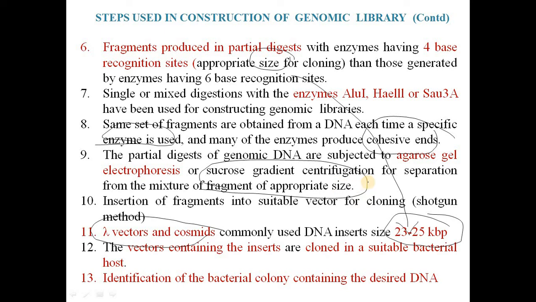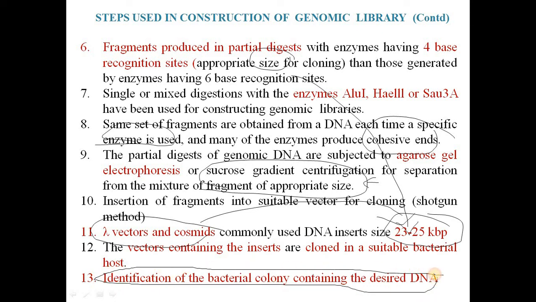Afterwards the DNA of our interest is inserted into the vector, as I already told you, lambda vectors or plasmids, because of their insertional size. By screening techniques we can identify the bacterial colony or the phage colony that contains the desired DNA.